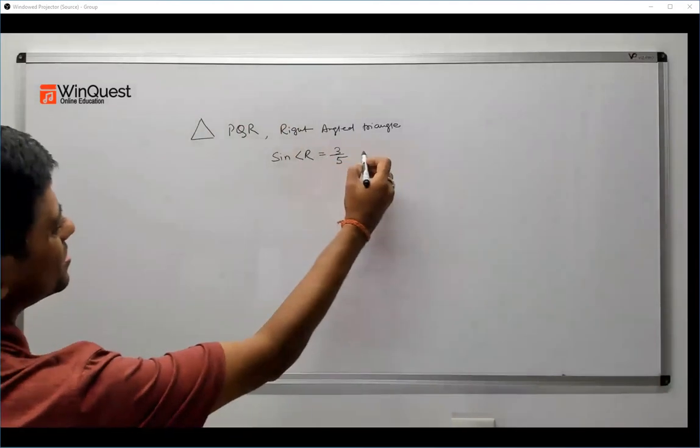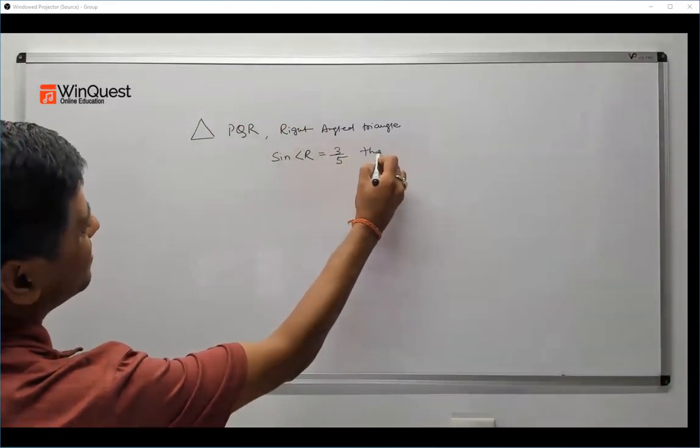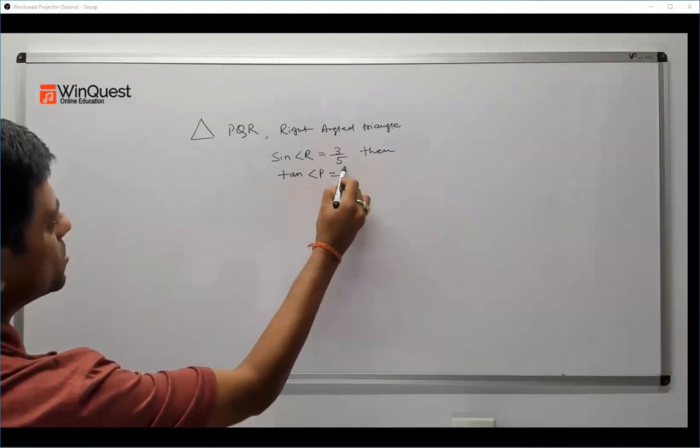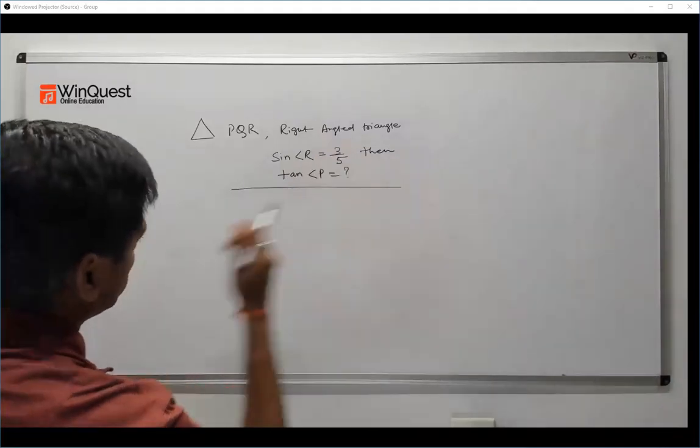Sine of angle R is equal to 3/5. Then tan of angle P equals what? This is the whole question.